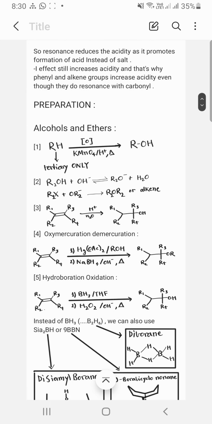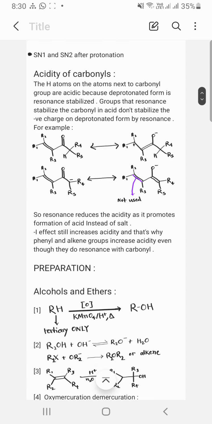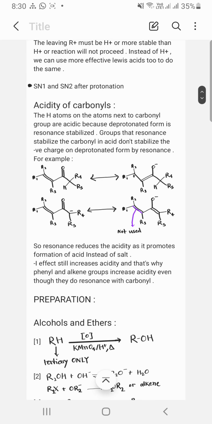We know this stuff. So phenyl and alkene groups are still electron withdrawing, so these basically increase acidity even though they do resonance. We predicted that these should decrease acidity, but yeah, these kind of things happen, whatever.